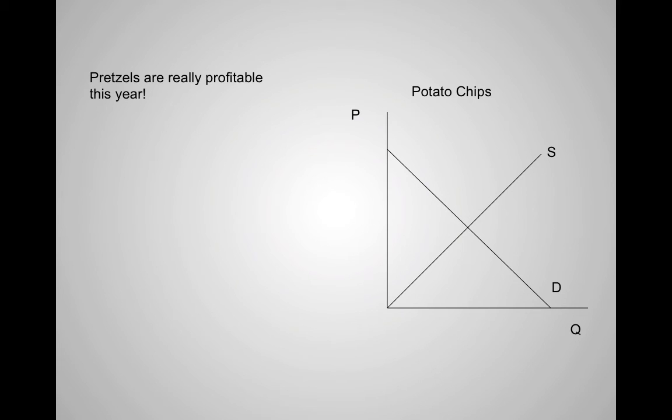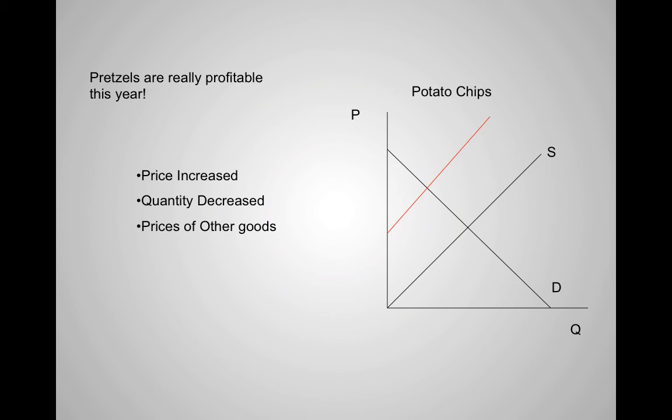What are you going to produce? Well, if you know pretzels are bringing in the bucks, you're probably going to produce more pretzels and fewer potato chips. So supply would shift to the left. And the reason would be price of other goods as the determinant.